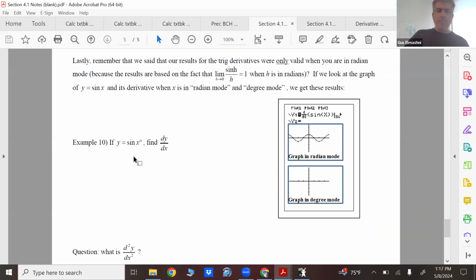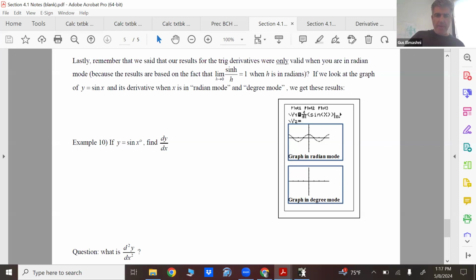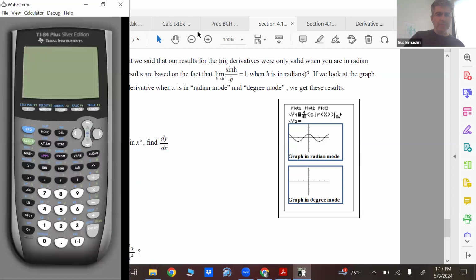Okay, so here's the deal. If you plug this in a graphing calculator, and let's say I do sine x, turn it off, mode, and it's graphing cosine x, right? Because it's graphing the derivative of sine for me.